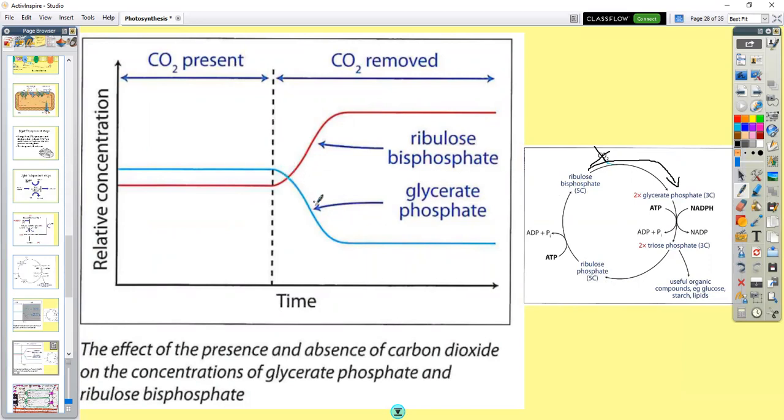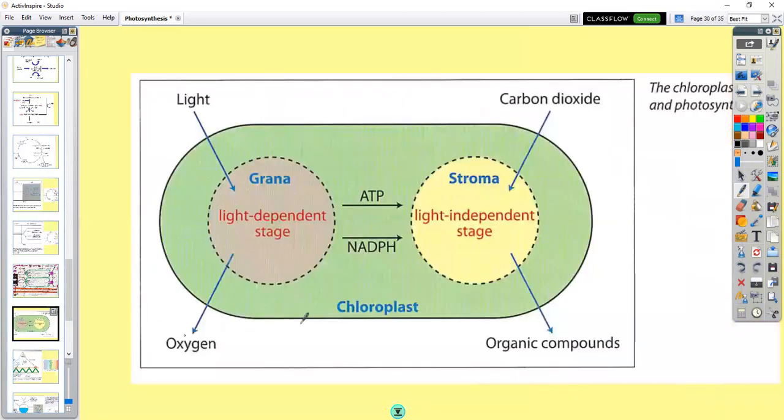So that's why we get that decrease of your glycerate phosphate. Okay, the overview of photosynthesis you can see here. Within the chloroplast, within the grana, those stacks of thylakoids, you have the light dependent stage. So light hitting those light harvesting photosystems, oxygen being given off by the photolysis of water.